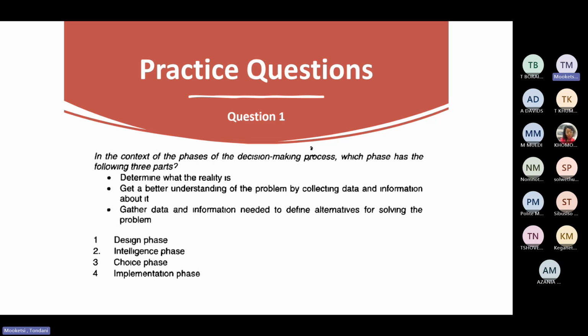So question 1 is asking, in the context of the phases of the decision-making process, which phase has the following 3 parts? Determine what the reality is, get a better understanding of the problem by collecting data and information about it, gather data and information needed to define alternatives for solving the problem.